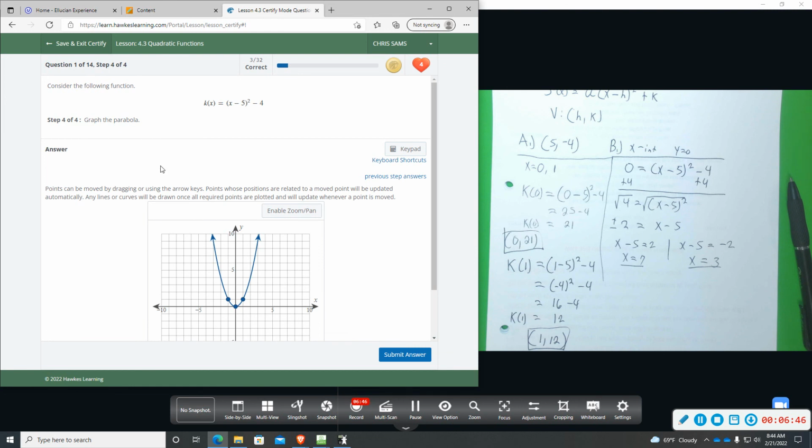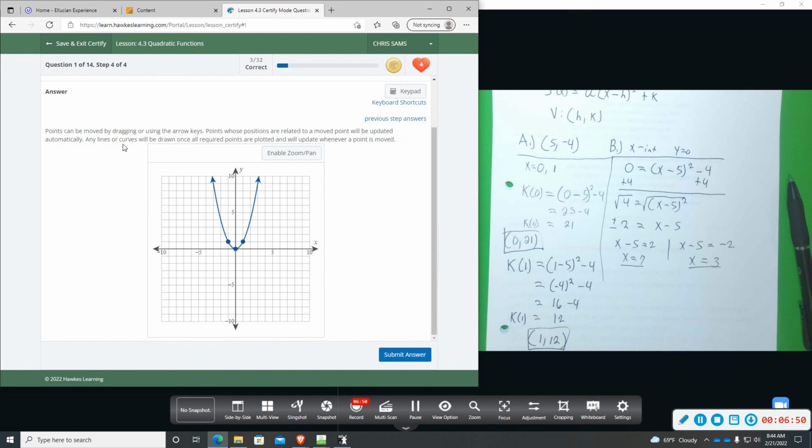And then step 4, we want to graph the parabola. It says points can be moved by dragging or using the arrow keys. So I think we're just going to drag these points to the vertex. The vertex was 5, negative 4. So I'm going to go right 5, down 4. And then we can just use the x-intercepts.